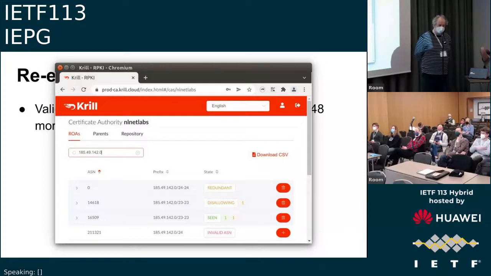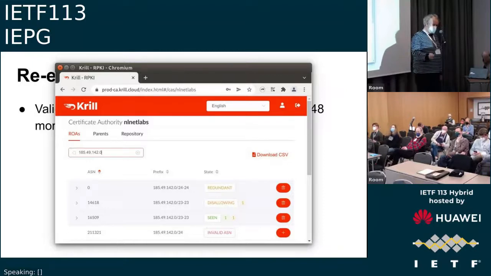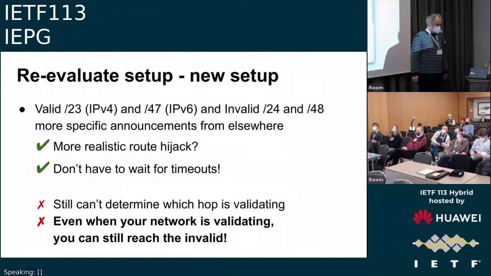Yeah, so here you can see the ROA, the route origin authorization, for the /23. And just for the record, I also made one for the /24, but with ASN 0 to officially say this is invalid. Next slide.